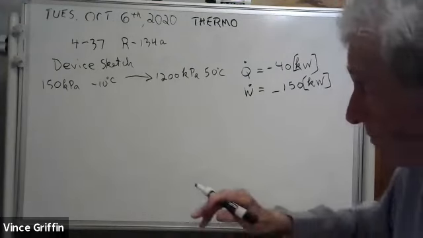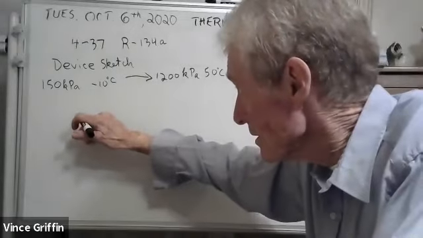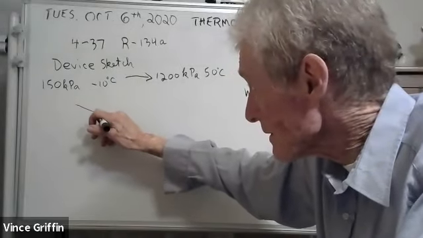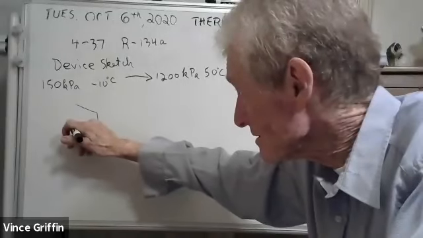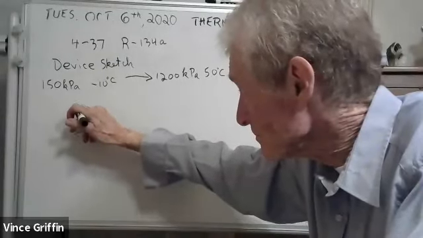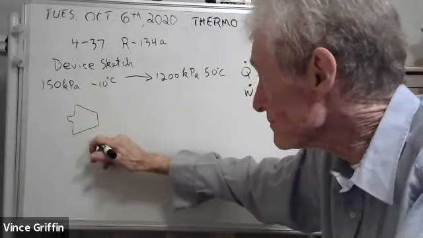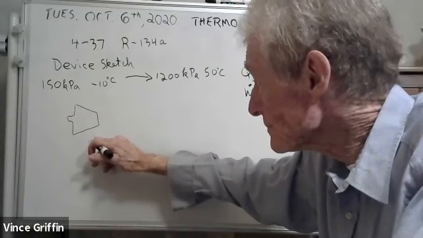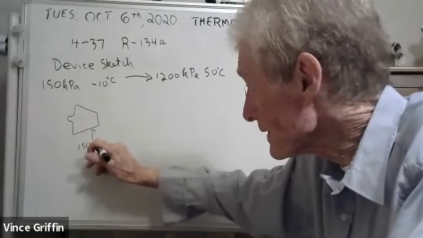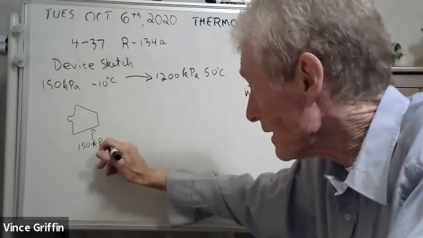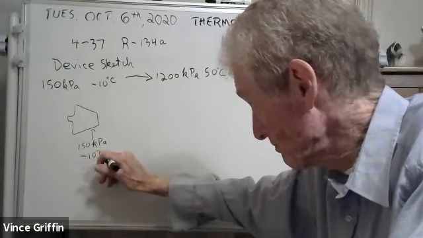Well, I'm going to draw a device sketch. Now it's a compressor. So it's a gadget that kind of looks like this. And you're coming in here at 150 kilopascal minus 10 degrees.